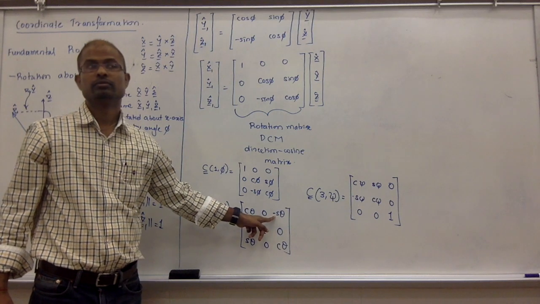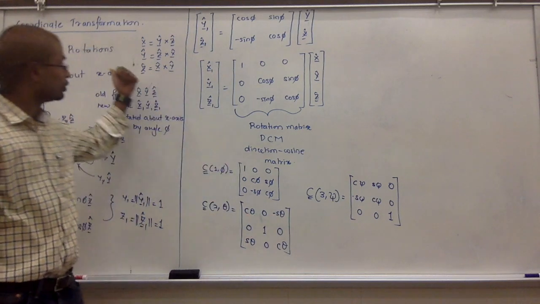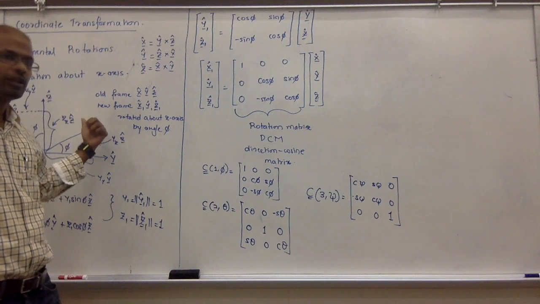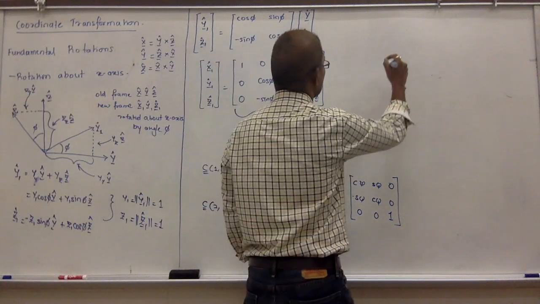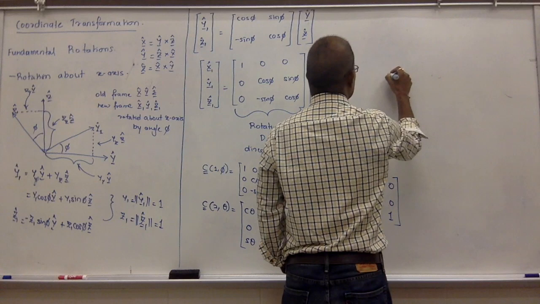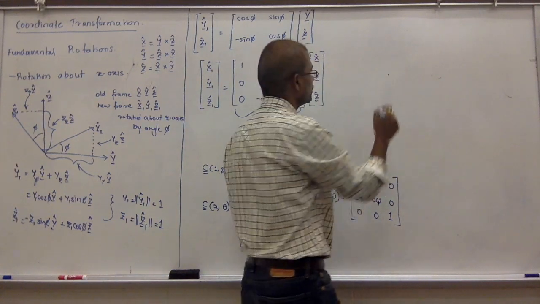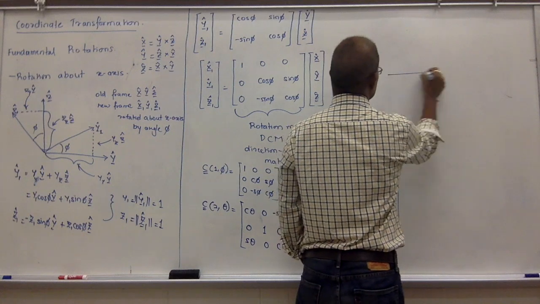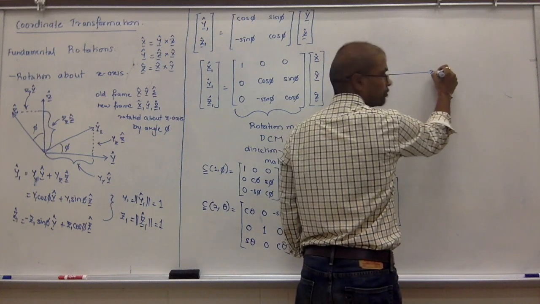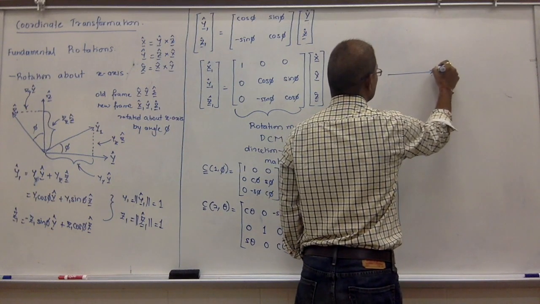So I did this, right? If you do it for y, what happens? I'll show you quickly y. If my y is coming out here, this would be z, correct?